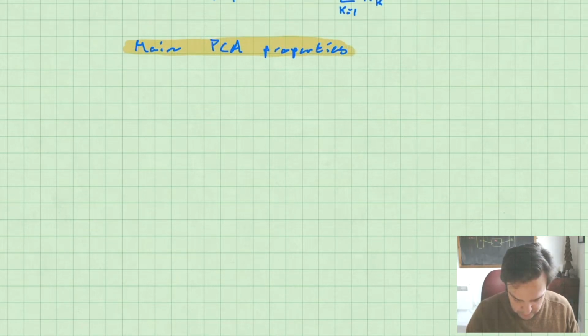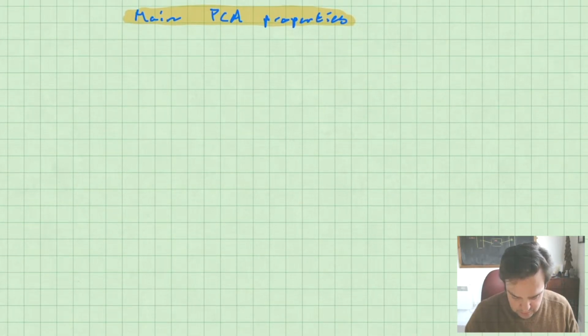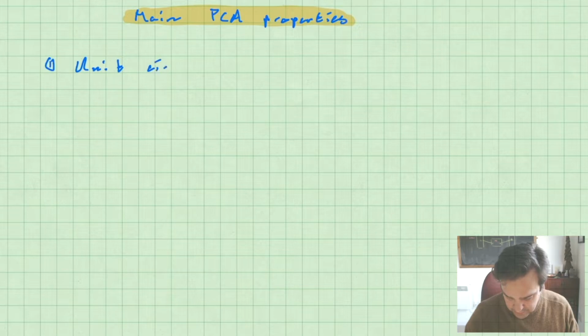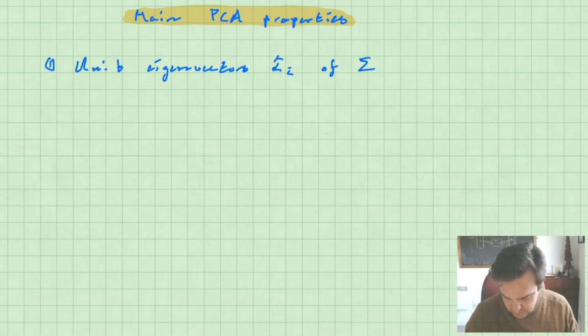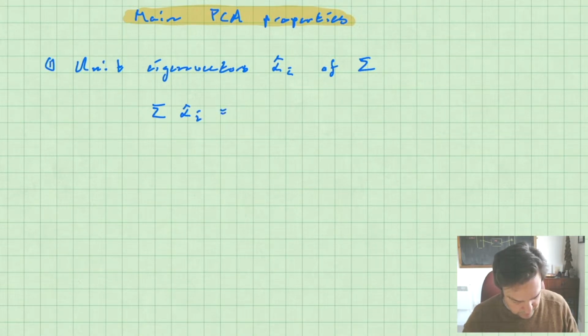But item 1 in the box is that the unit eigenvectors of the covariance matrix, so alpha hat i, of the covariance matrix, which obey the following rule, right? That's it, because they're eigenvectors.